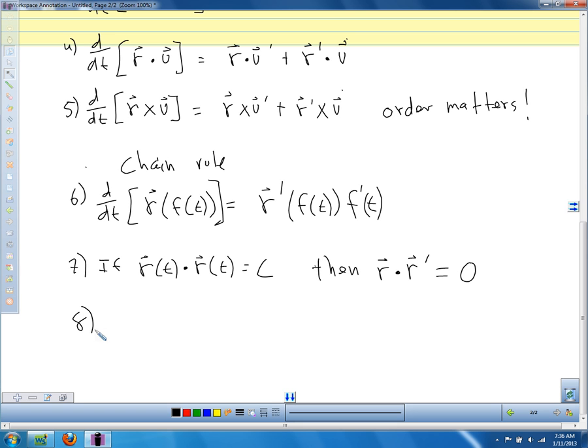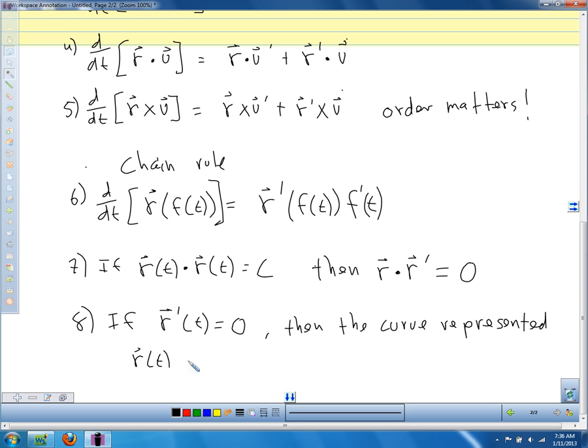And our last property, finally: if r prime of t equals 0, then our curve represented by r of t has a cusp at that particular value of t.